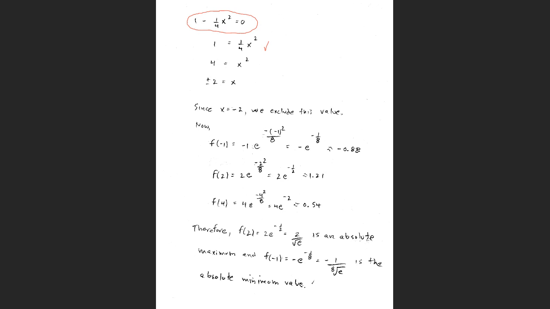And if I multiply both sides of this equation by 4, we'll get 4 equals x squared. So x equals plus or minus 2.